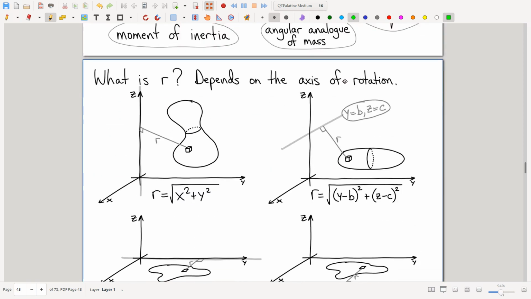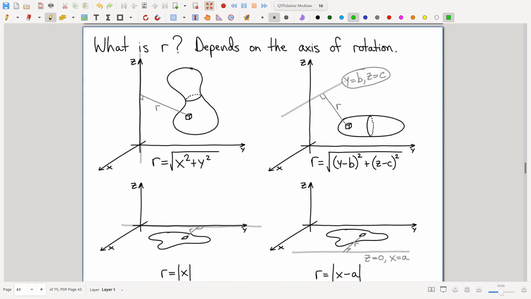So, for example, here's a couple of scenarios. If you've got a mass that is rotating around the z-axis, well, in that case, looking at any little piece of mass like that, R is our good old cylindrical R. But that's assuming we're rotating around the z-axis, and we might not be.